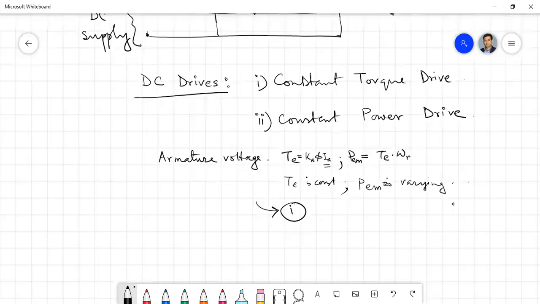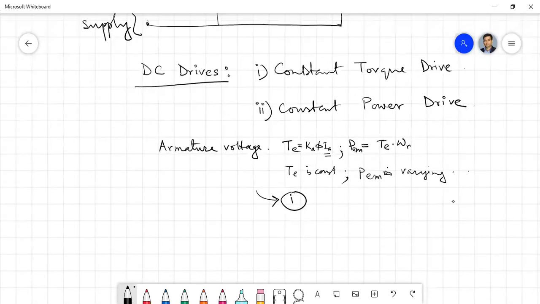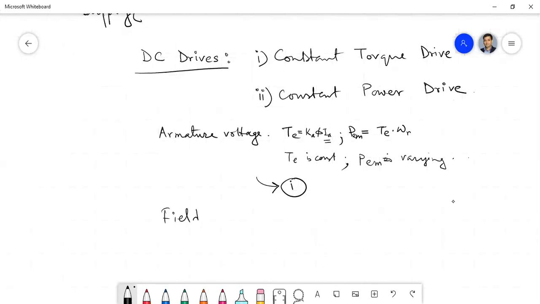Now come to the field flux control. In the field flux control, again we have the expression of torque and the power. Electromechanical power is Te into omega r.